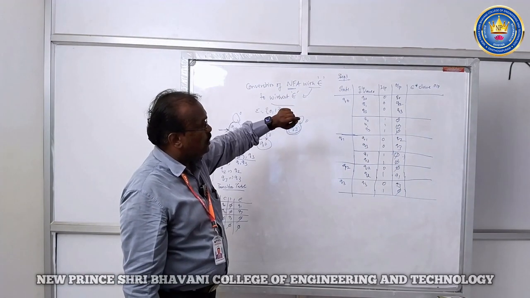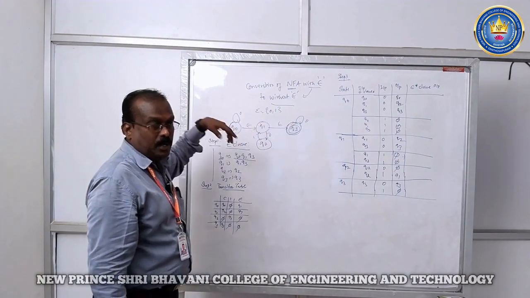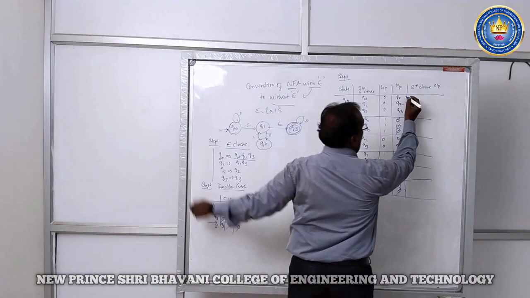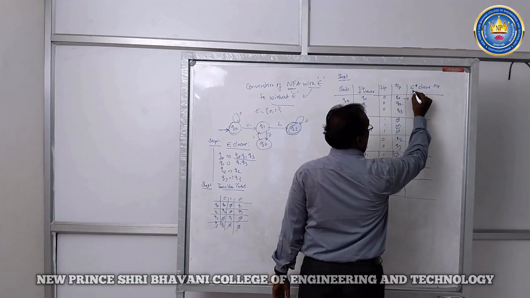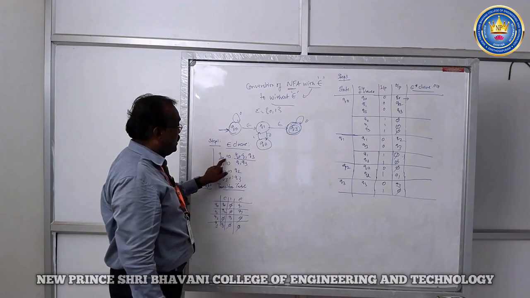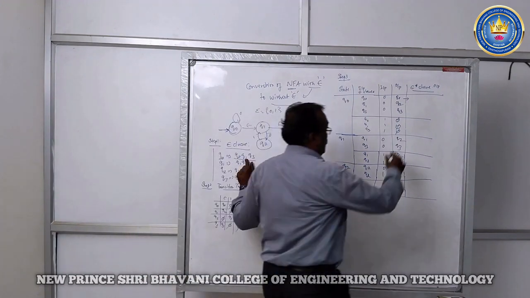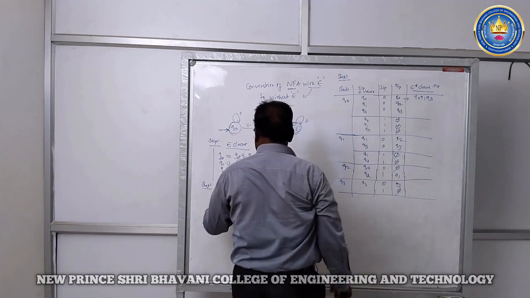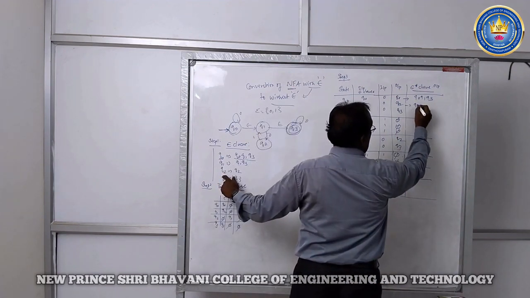With respect to this output, we have to check what are the epsilon closure outputs. So for Q0 we check the closure output, epsilon closure output. Q0 is the output, so Q0, Q1, Q3. What about Q2? Q2 is Q2.